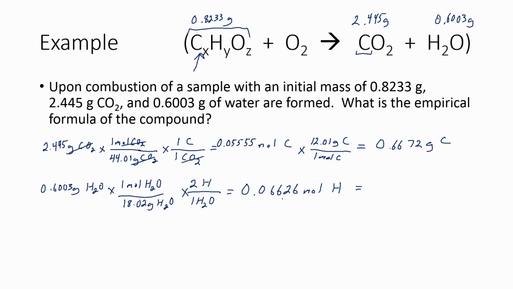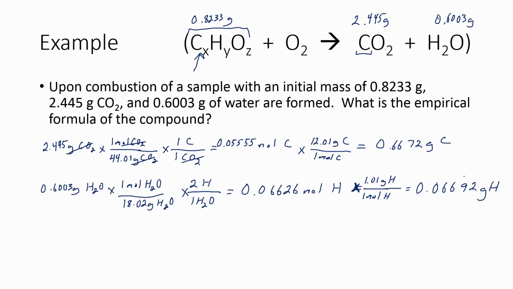All right. And we had 0.06626 moles of hydrogen. And we have 1.01 grams of hydrogen for every 1 mole. So that gives us 0.06626 times 1.01, which is 0.0669 grams of hydrogen.